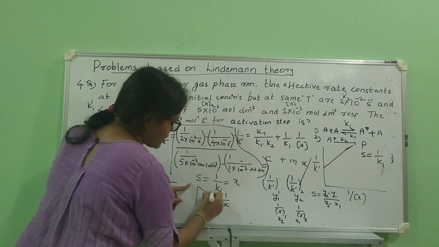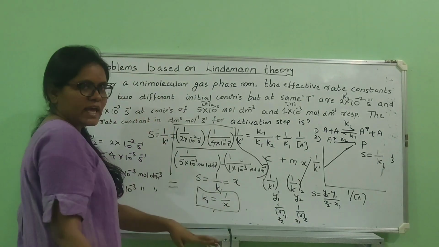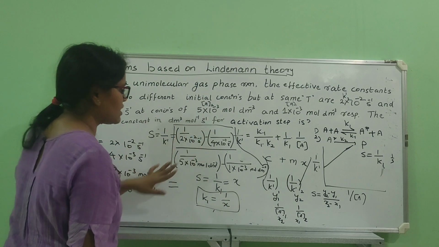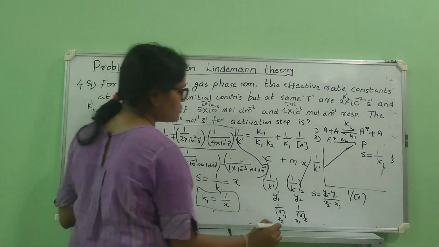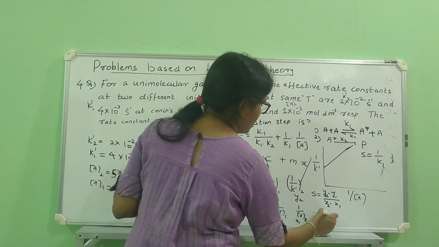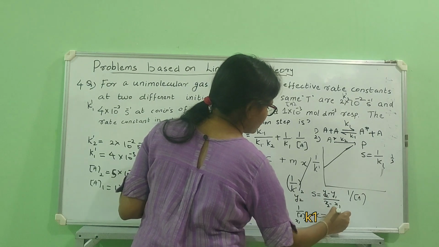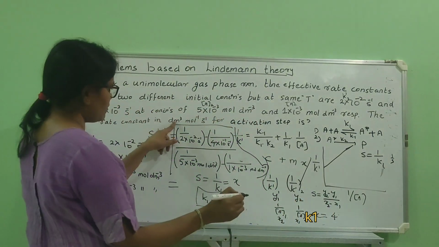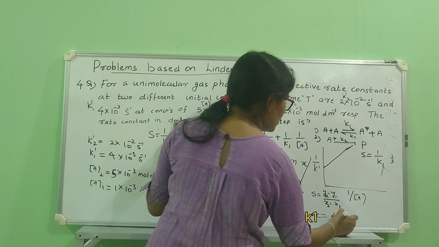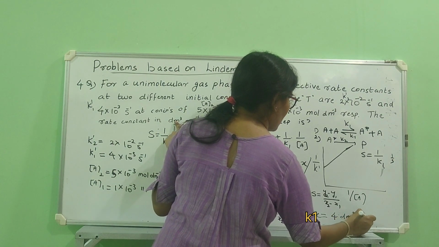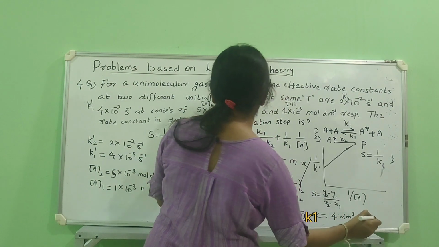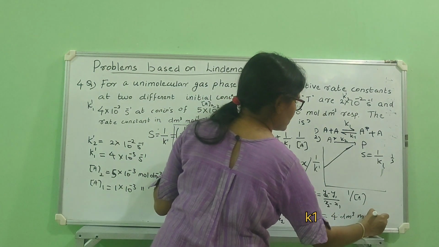Okay. So you need to use the calculator and do this calculation. I'll give you the answer. I think it will be 4. Yeah, it will be 4 decimeter cube mole inverse second inverse.